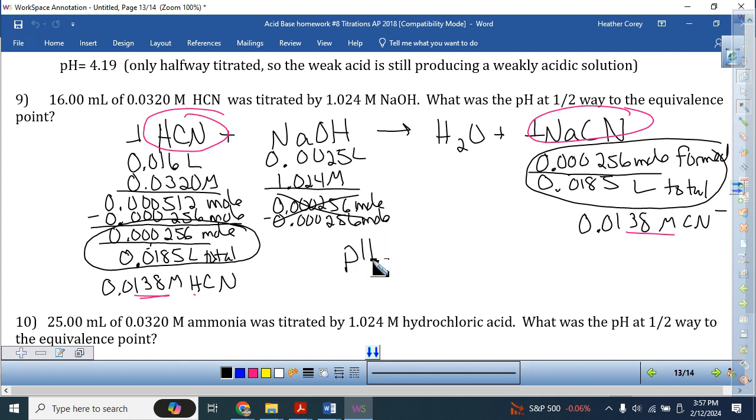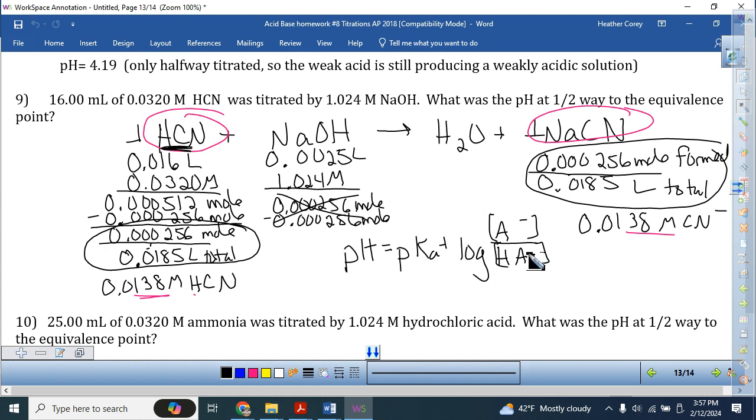I use pH equals the pKa plus the log of my A minus, which is my conjugate base, over my HA, which is my weak acid. So this is the formula we use when we have a weak acid that is forming a buffer by reacting with a strong base. As long as you have some of the acid unreacted present with some of the NaCN formed, you have a buffer. And because we have a buffer, we can use Henderson-Hasselbalch.